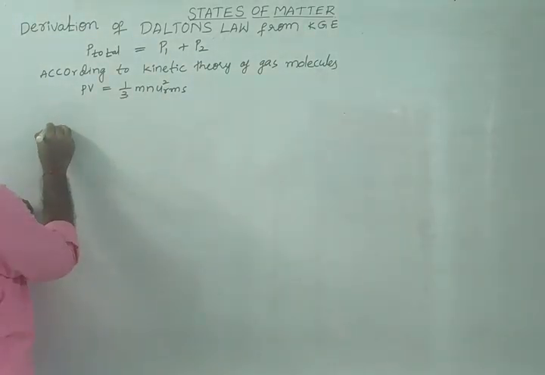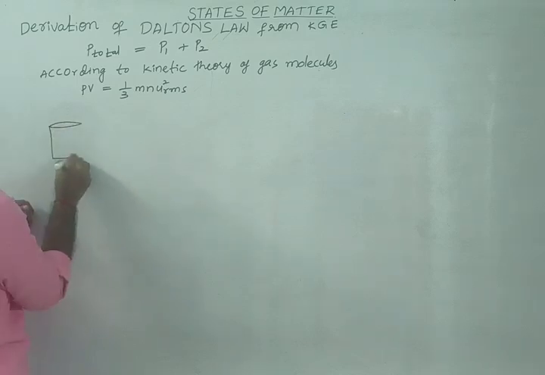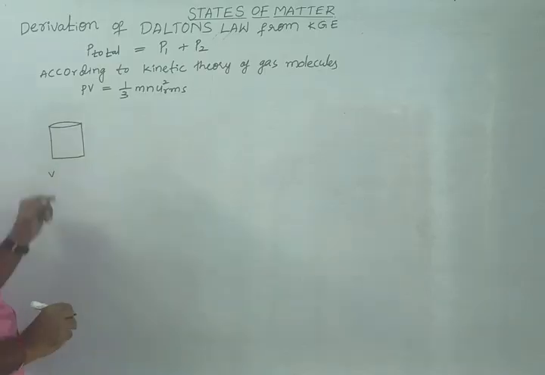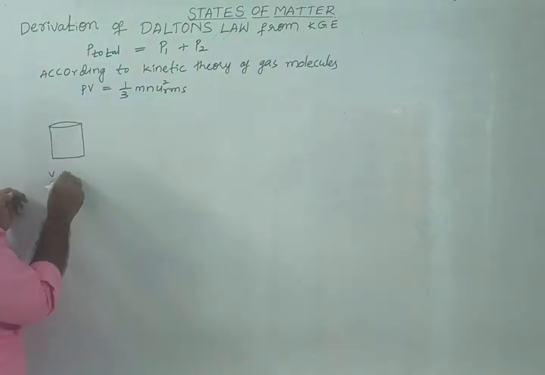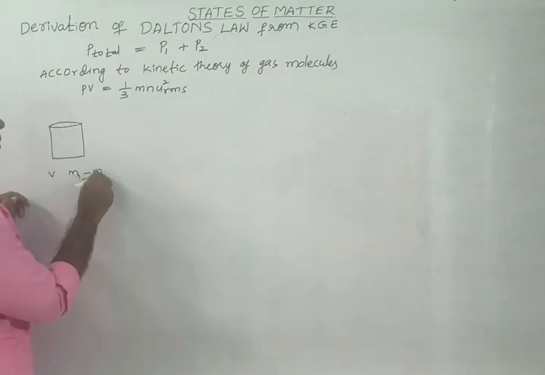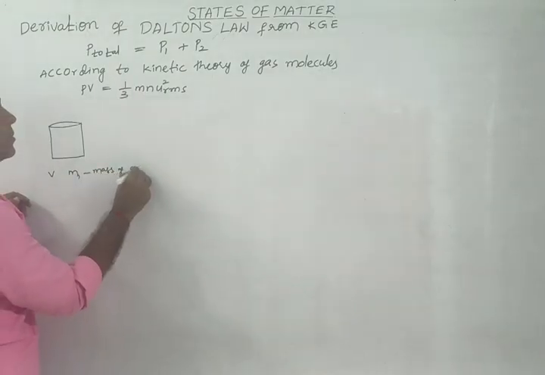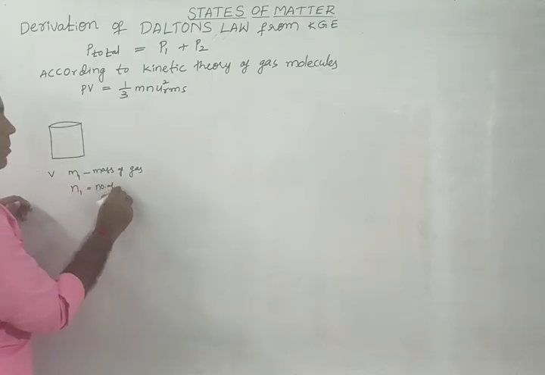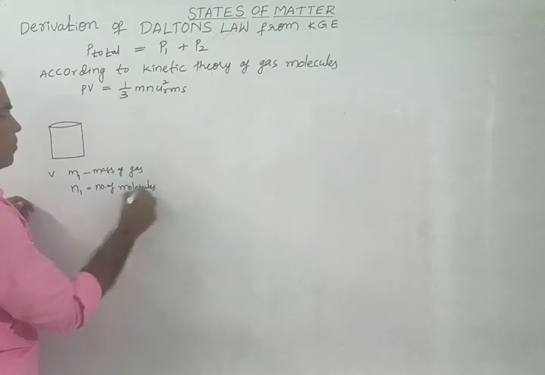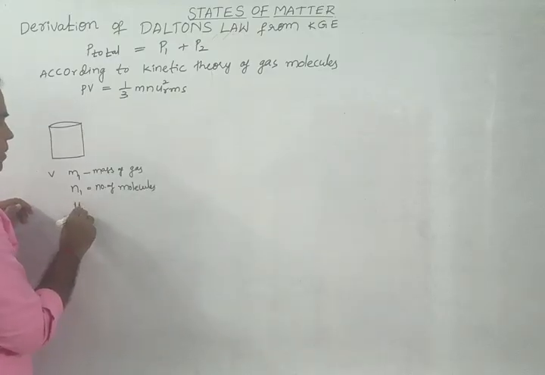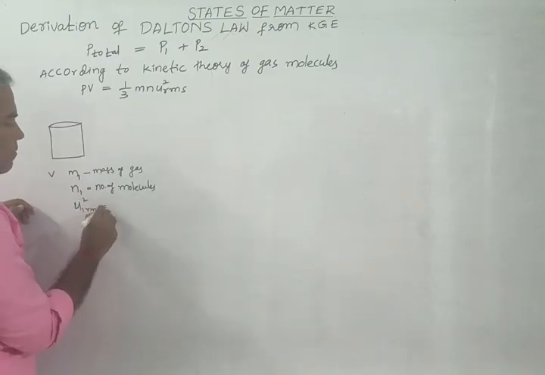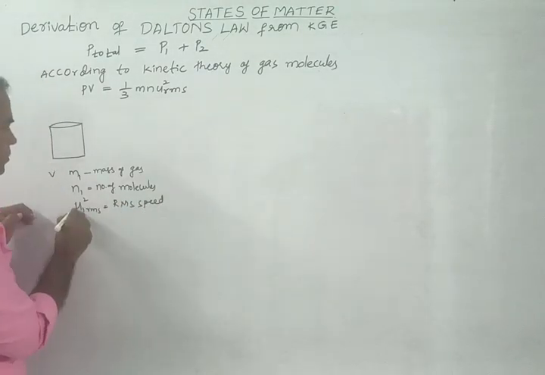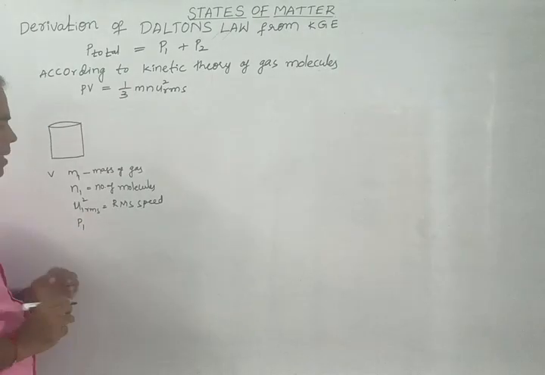Let us consider a vessel. The volume of the vessel is V. Fill it with a gas whose mass is m1, number of molecules n1, RMS speed u1 square RMS, and pressure P1.